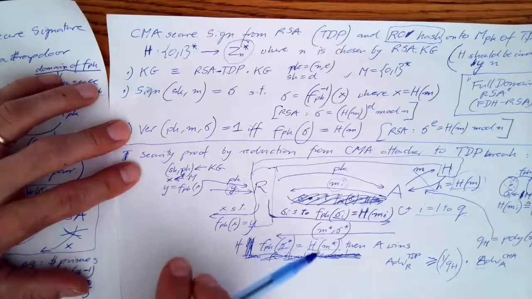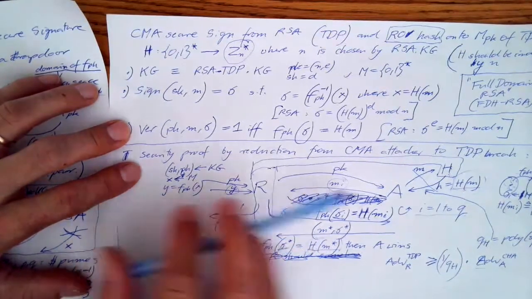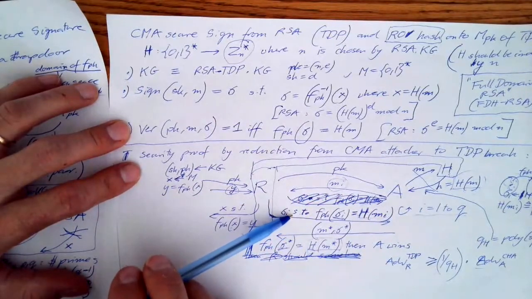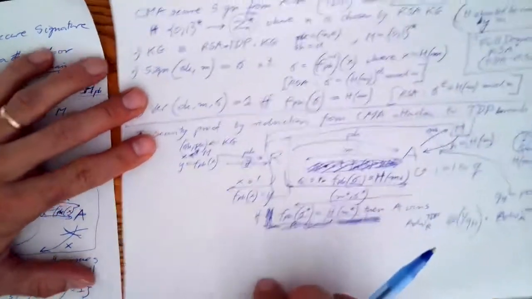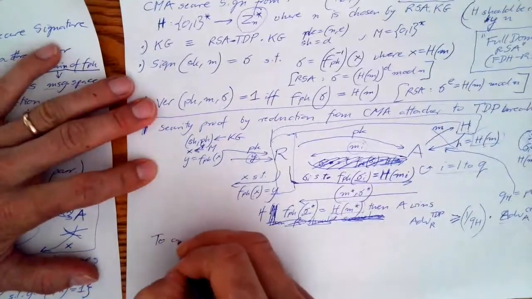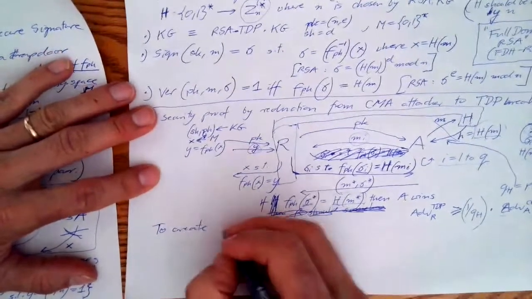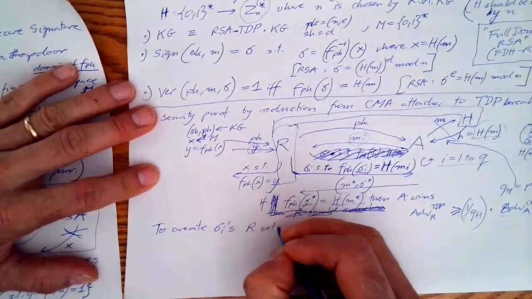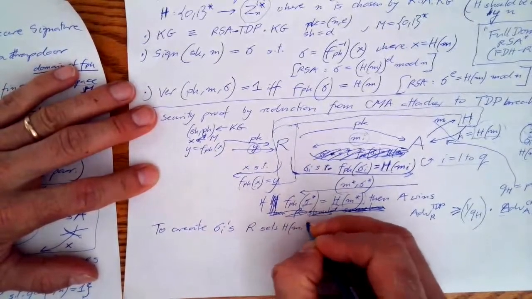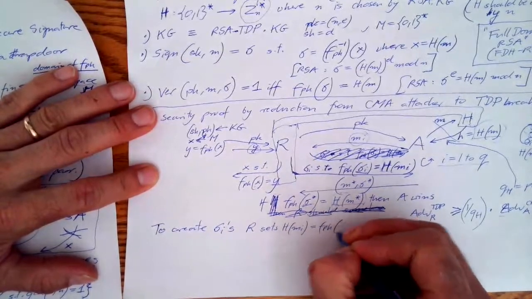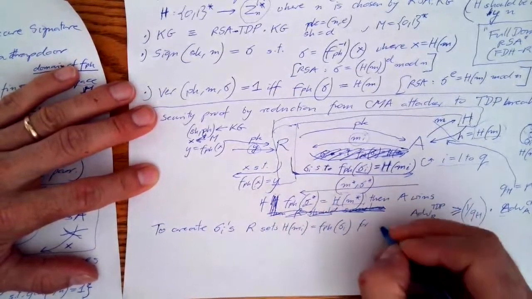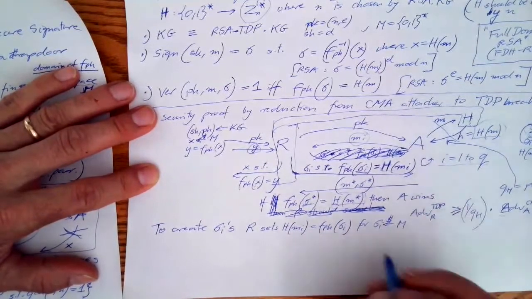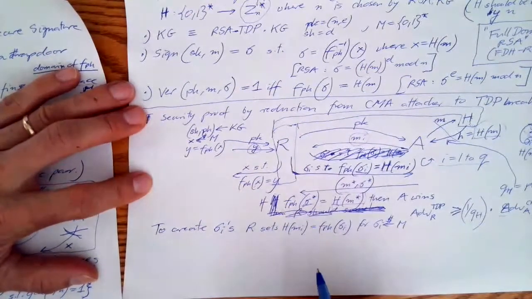Now, we had a different embedding strategy for what to put in this hash in order to simulate these fake signatures, to create sigma_i's: set h(m_i) to be f_pk(sigma_i) for random sigma_i chosen in the message space, the space of this trapdoor permutation.